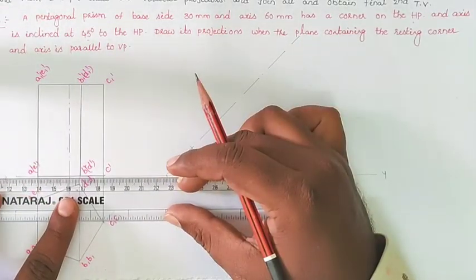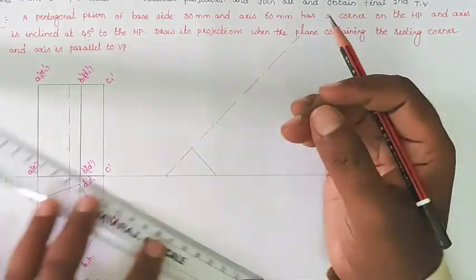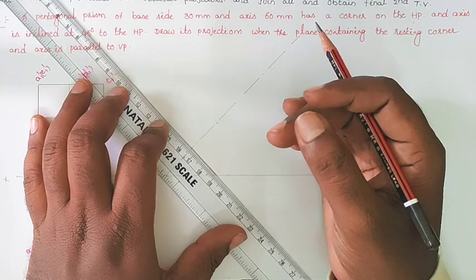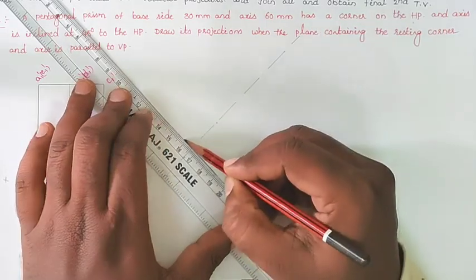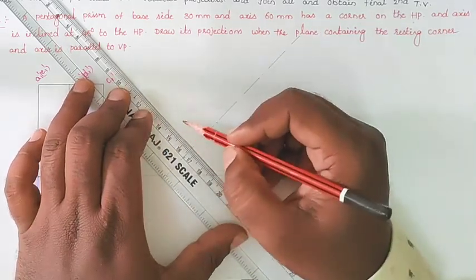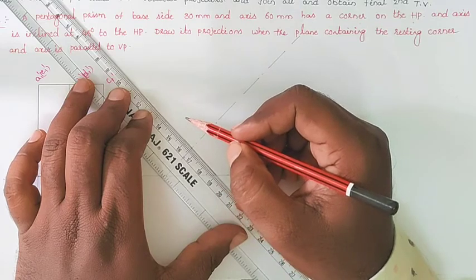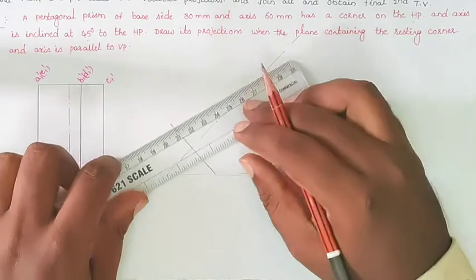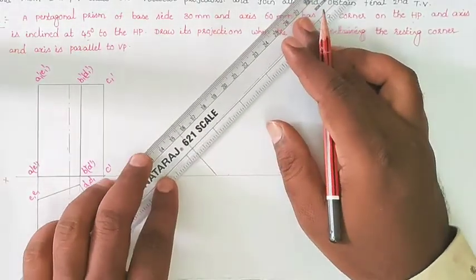This length should be 45. By using the mini drafter, these lines are drawn very easily.